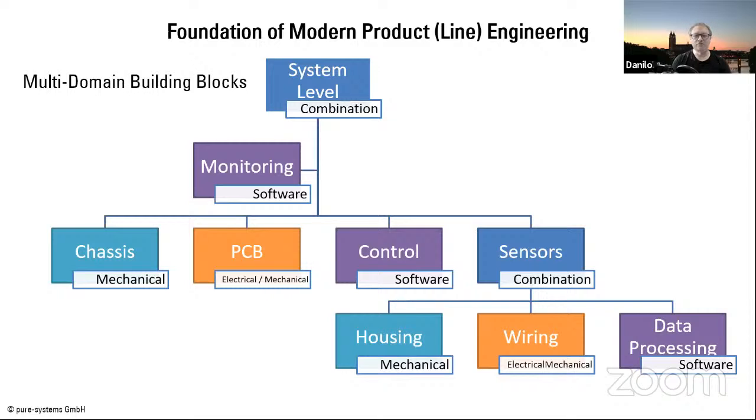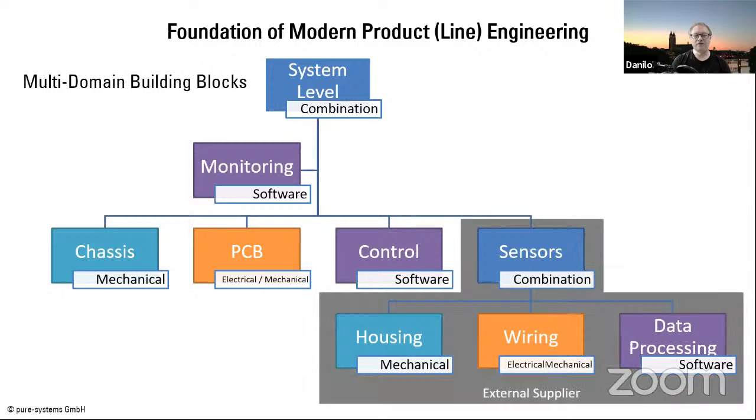We have software, and we also have a part which actually is a combination of all of these and is supplied by someone else. So it's not developed in-house. That is quite important. We will come back to this one later. So this is how you could break down, let's say, the architecture of a typical product line based system if you look at it from a building block perspective.